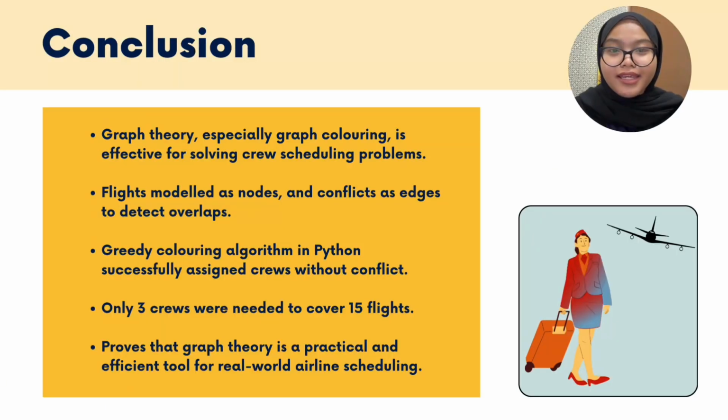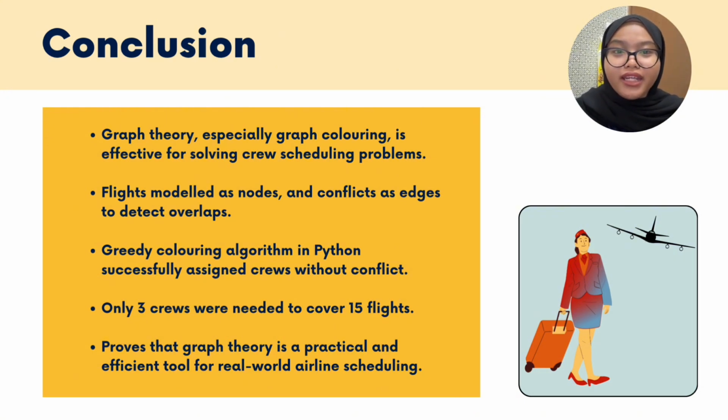In conclusion, this project has proven that graph theory, especially graph coloring, is a powerful tool for solving complex airline crew scheduling problems. By representing each flight as a node and each conflict as an edge, we were able to clearly identify overlapping schedules and prevent assigning the same crew to conflicting flights.